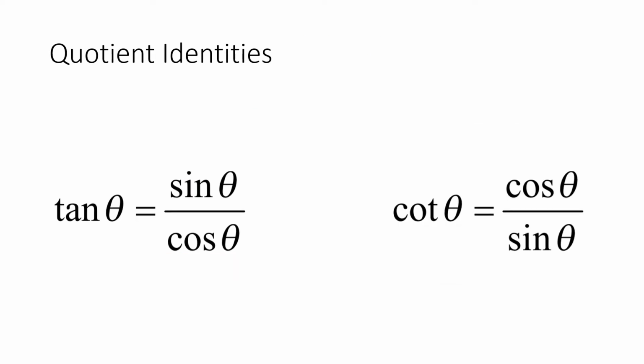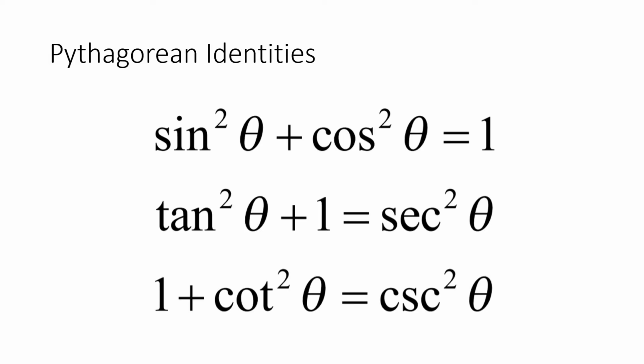So for our quotient identities, basically tangent is sine over cosine and cotangent is cosine over sine. All of our Pythagorean identities have squared on them. So every single one has a squared on them. So it's either squared or 1.